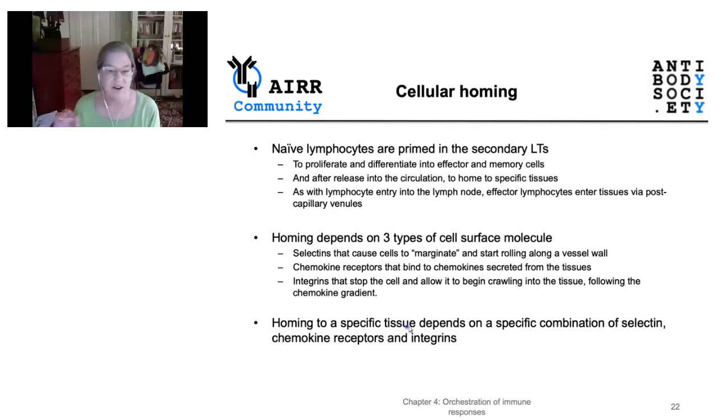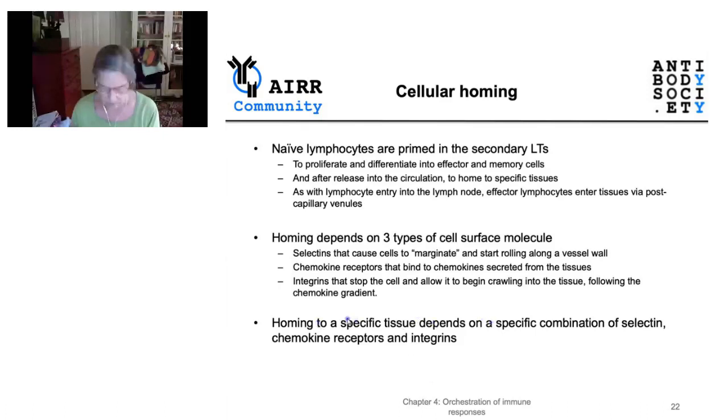And you're going to see this over and over again. I am not going to get into too many details here because it'll make you crazy. But the point is, the combination of selectins, chemokines, chemokine receptors, integrins, and ICAMs will dictate where the cell's going to go, essentially.